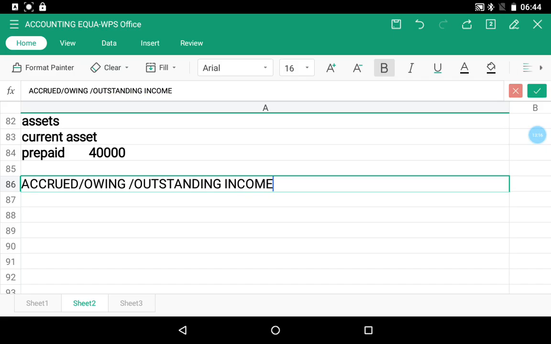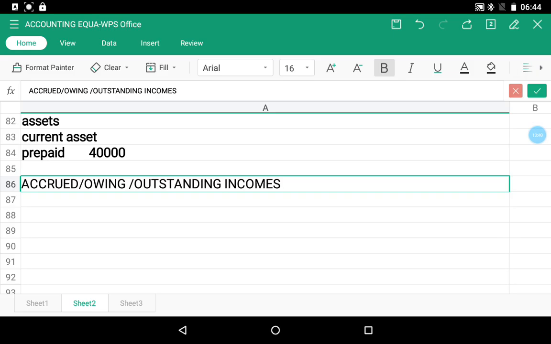We have seen under incomes, we have seen expenses. Now we want to see how you treat incomes. When you talk about incomes, in income statements they remain the same, but when it comes to financial position, that's where it changes.